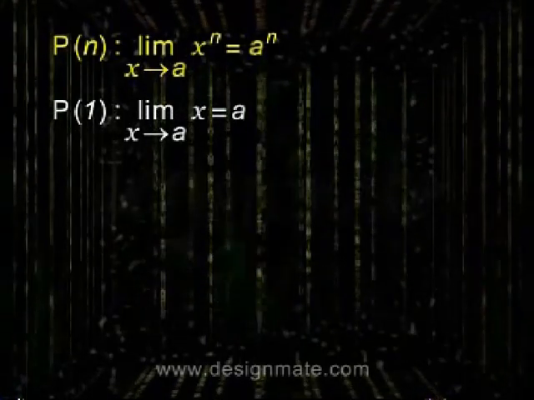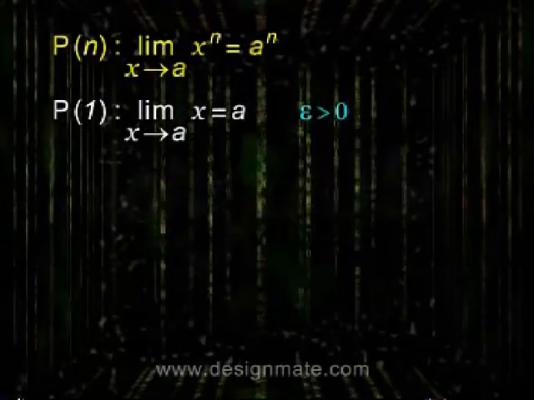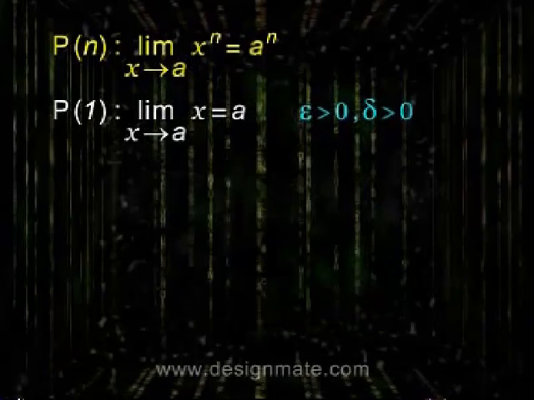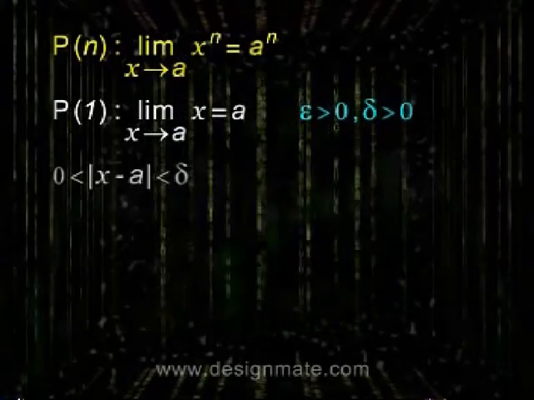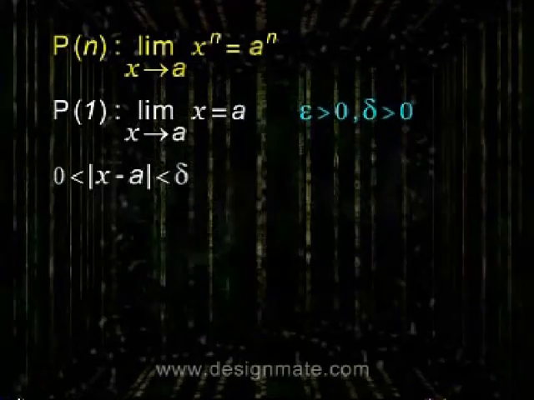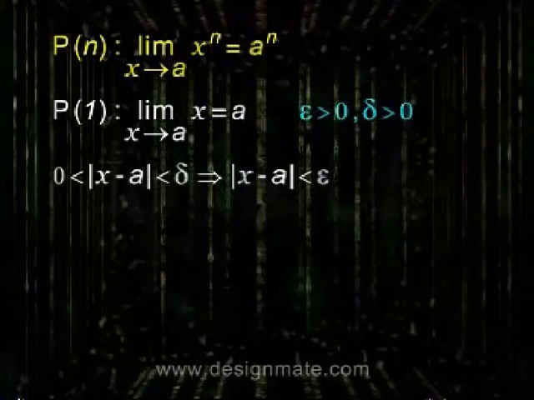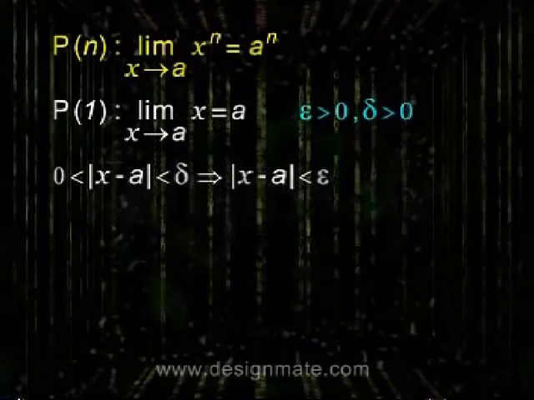For this, given epsilon is greater than 0, we shall be able to find delta is greater than 0 such that 0 is less than modulus x minus a is less than delta. Therefore, modulus x minus a is less than epsilon.